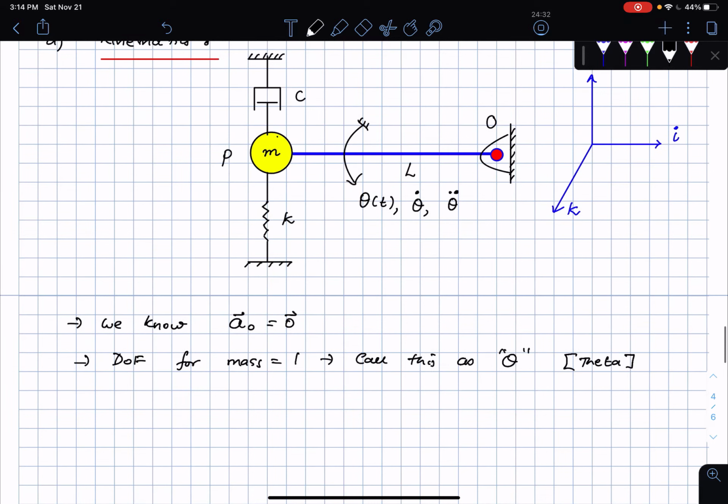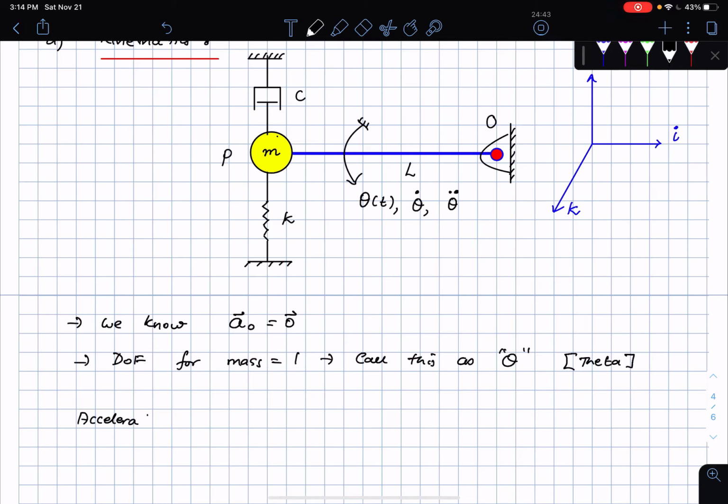If that is the case, then I can write the acceleration of the mass m, which is the acceleration of point P. This is a particle along a circular trajectory. So if I set up a coordinate frame, let me do that very quickly.